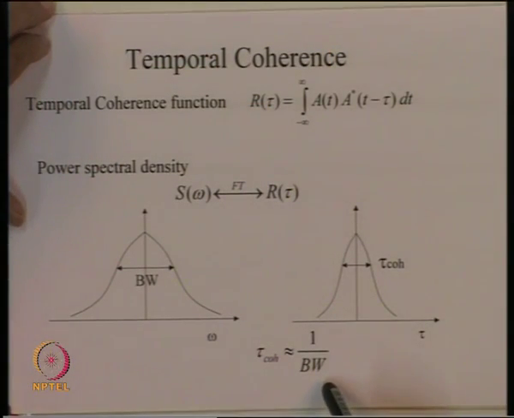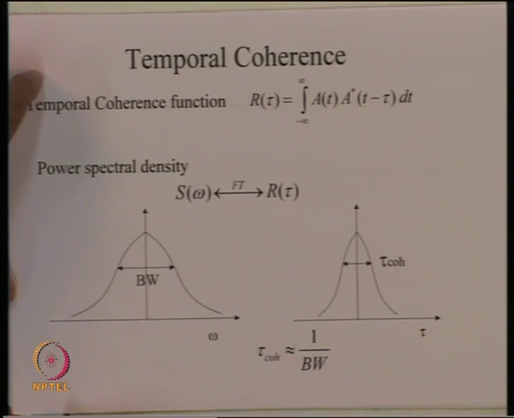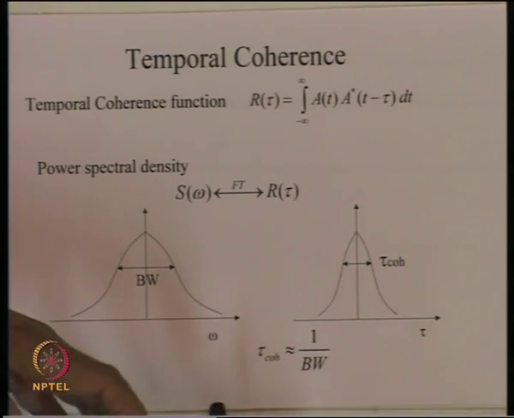Larger the spectral width, worse will be the source for optical communication. So, for a good source, the spectral width should be as small as possible. Or in other words, this bandwidth should be as small as possible, which in turn means that the tau coherence should be as large as possible, or my radiation should be temporally coherent.